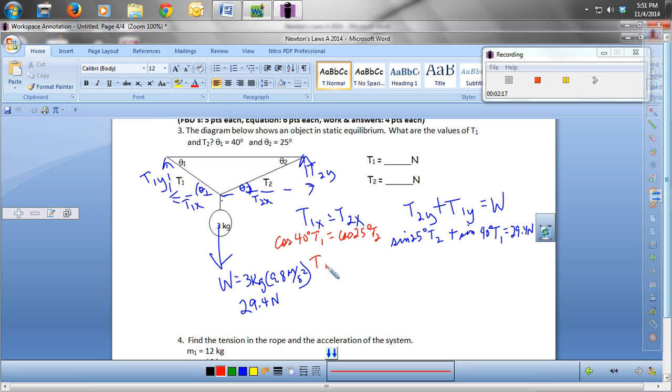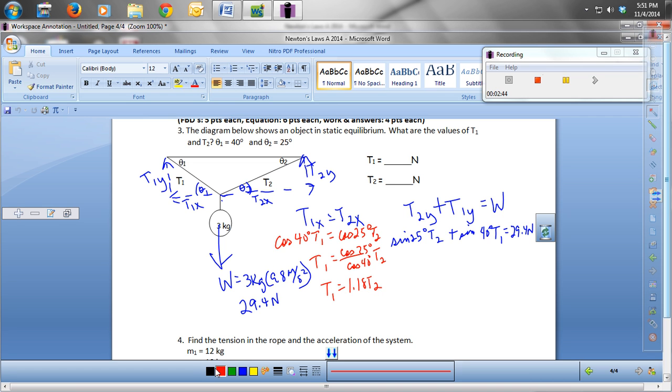So T1 is equal to the cosine of 25 divided by the cosine of 40, T2, which was 1.18 T2. So T1 was equal to 1.18 T2.